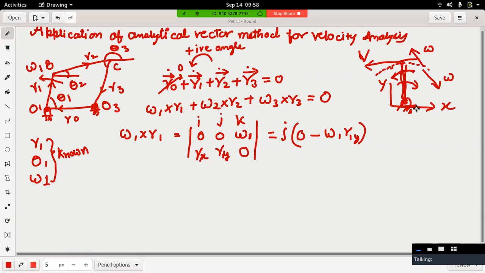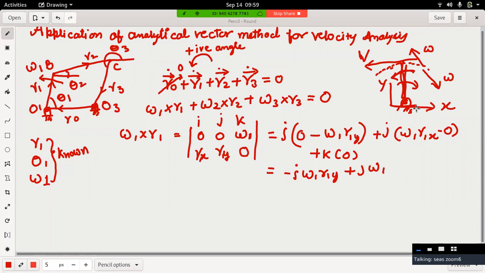So plus j omega 1 r1x minus 0, plus k 0. Okay, so this you can write as minus I omega 1 r1y plus j omega 1 r1x.